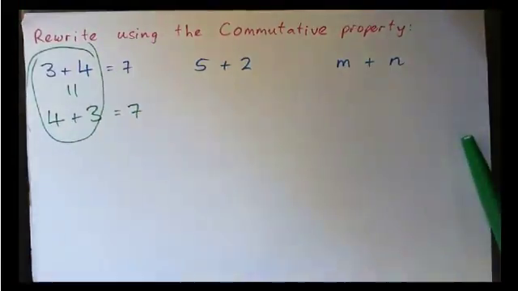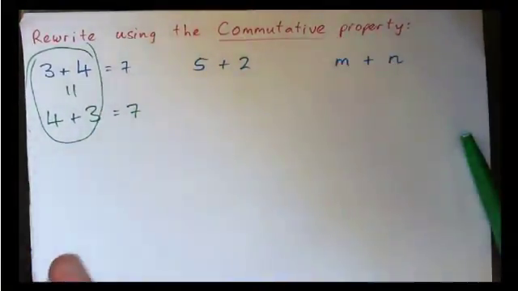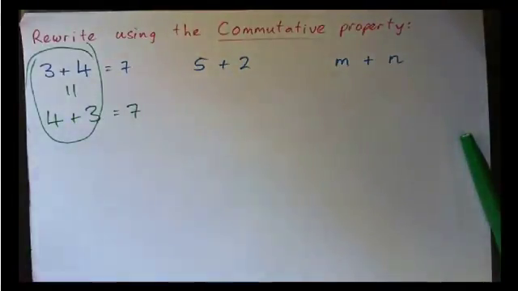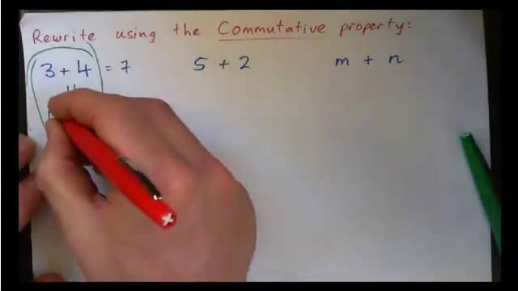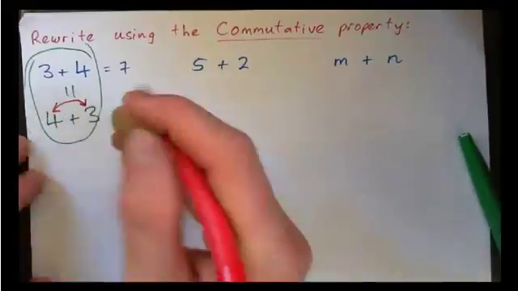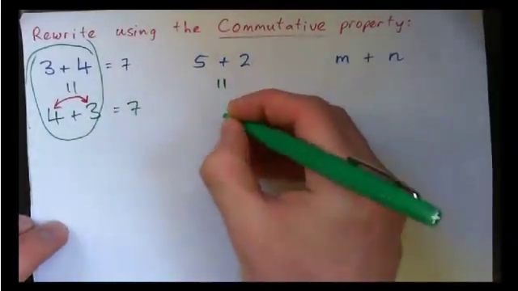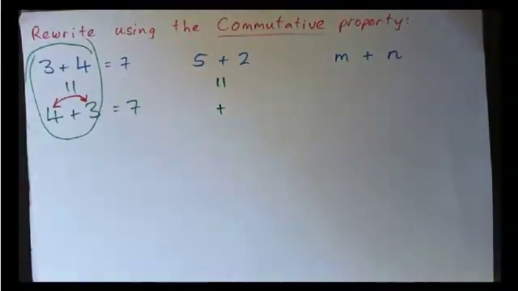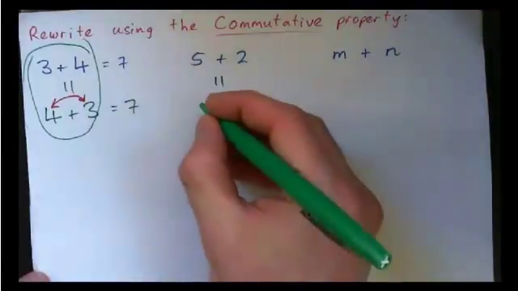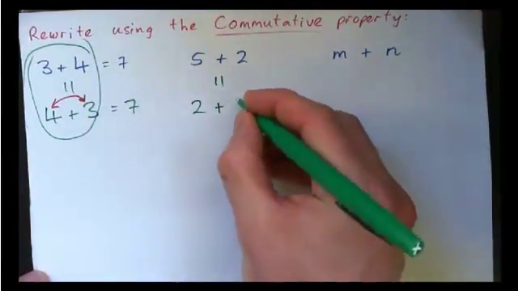Okay, so commutative means to travel or to move from one place to another. So I can move these guys from one place to another, and they will still add to give the same thing. So 5 plus 2 is the same thing as what plus what? 5 plus 2 is the same thing as 2 plus 5, right?